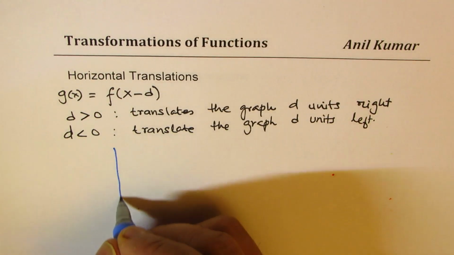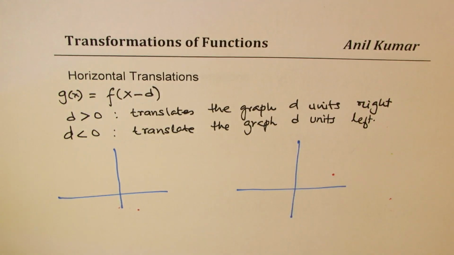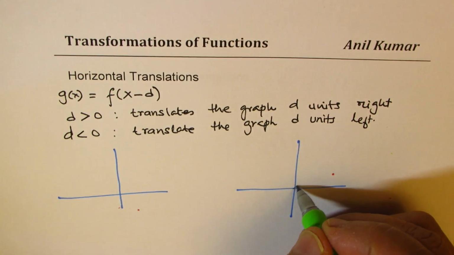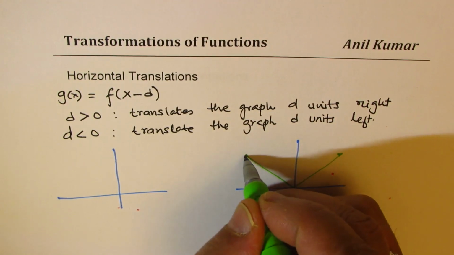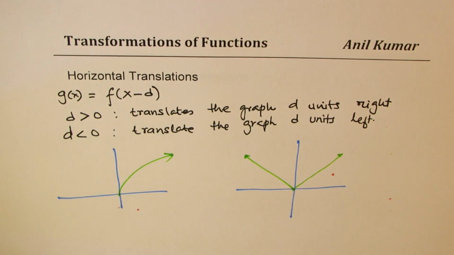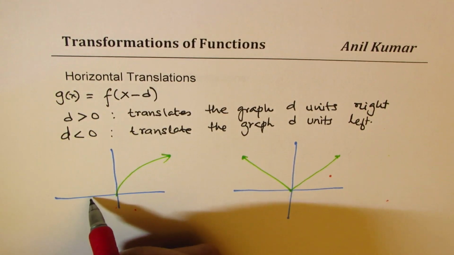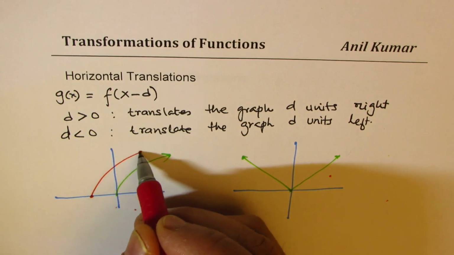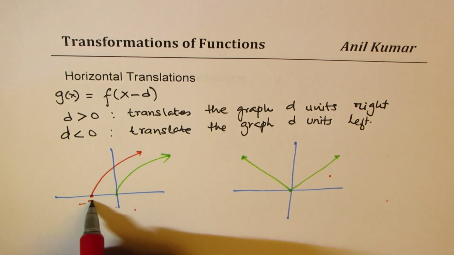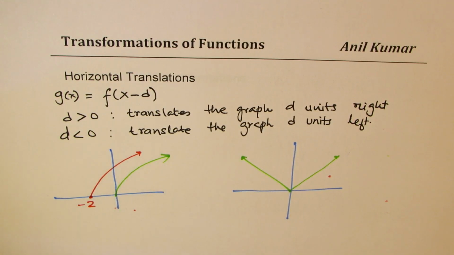So what I will do here is first sketch and then write down the equation. Is it okay? So let's say we have an absolute function here and we have a square root function here. If I translate this left, let's say, kind of like this, to a position which is minus 2, then can you tell me the equation of this graph?